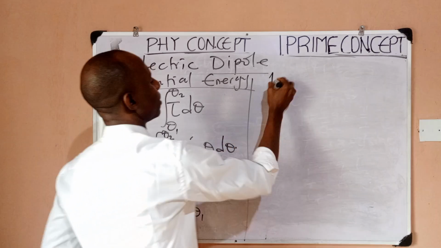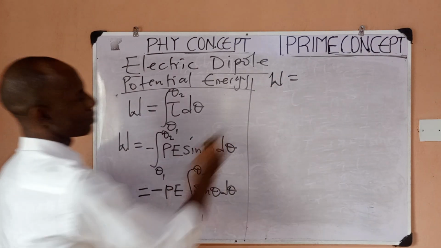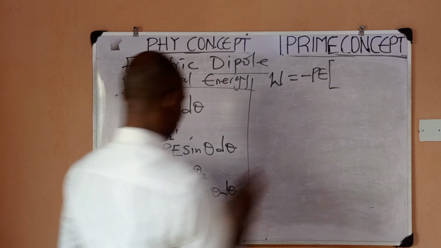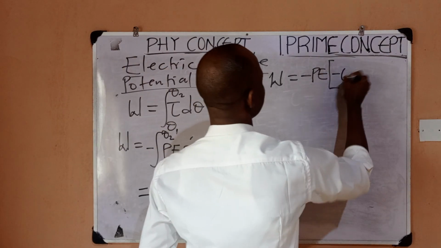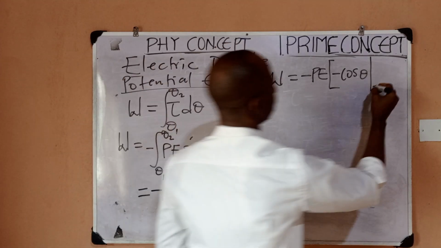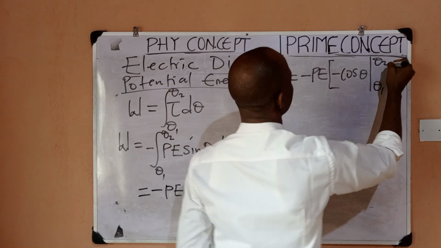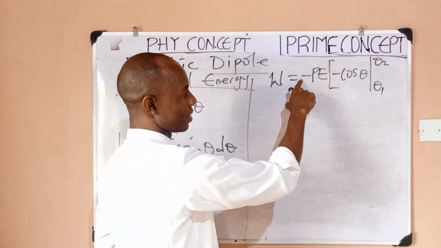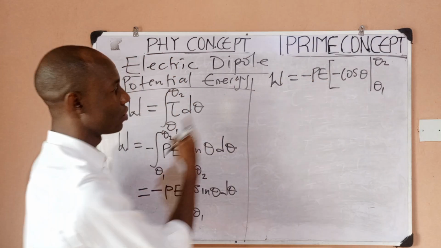So I have my work as minus PE times negative cos theta, integrating from theta 1 to theta 2. Notice that this minus can cancel this, and it becomes positive. This is another reason why I had to introduce it.